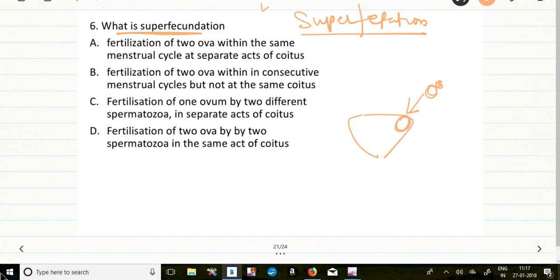If after this another oocyte is fertilized at a separate act of coitus and after a few days it implants in the uterus, it is called superfecundation or superfetation. Whether it will be called superfecundation or superfetation depends on the difference period between the implantation of these two embryos.